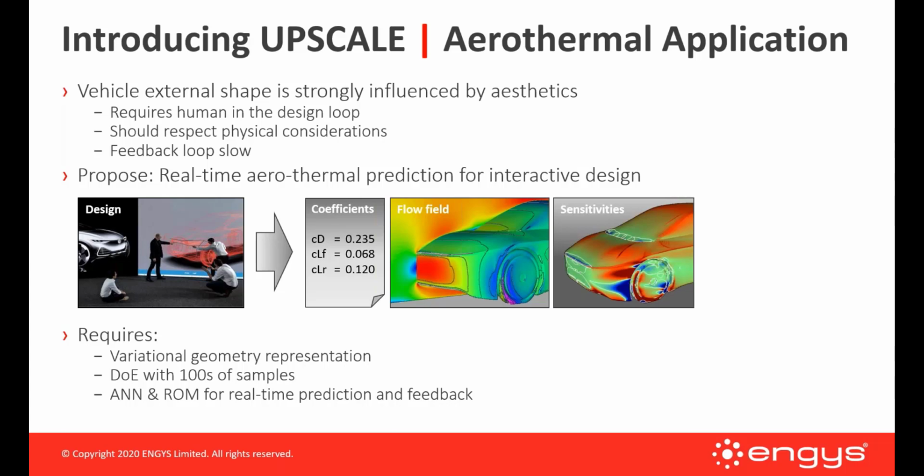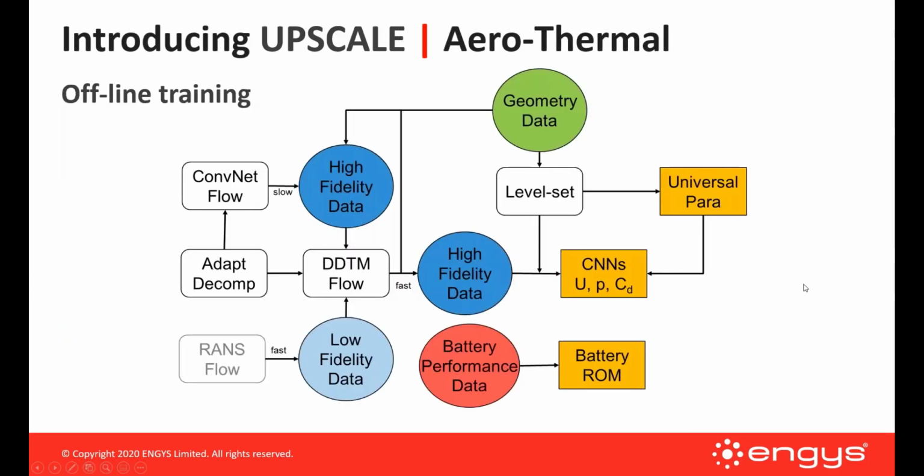We're doing both at the moment to try and make a response surface of the design space, and then that model will act as real-time feedback to the designer to get some estimation of how the vehicle performance and different flow field characteristics will change as he changes the design and the aesthetics of the vehicle. And hopefully through that, we can of course speed up the feedback loop. The engineering happens upfront rather than in a human interrupted loop, and then the whole process should be considerably faster than it is currently.